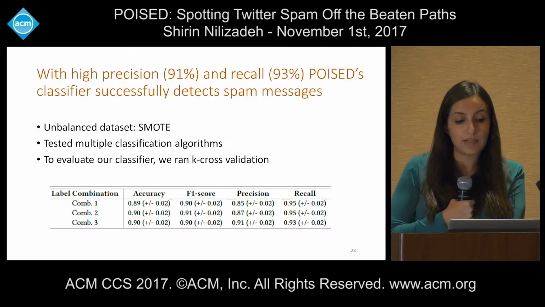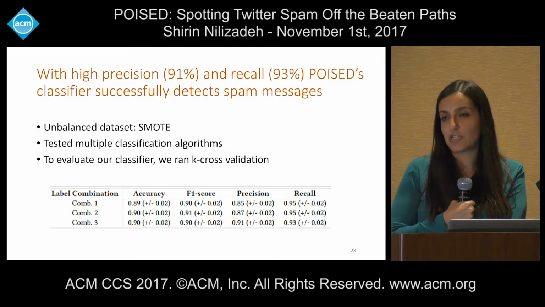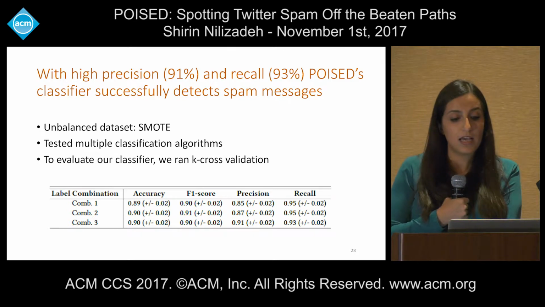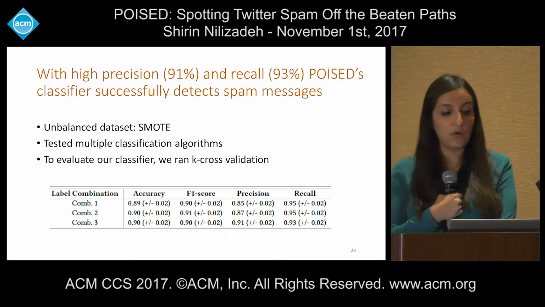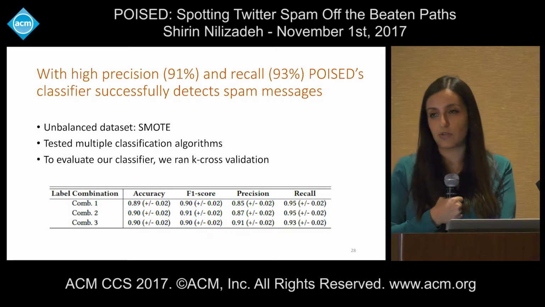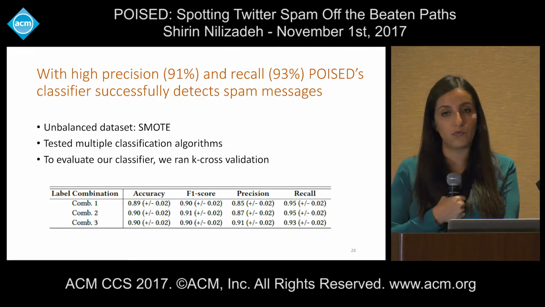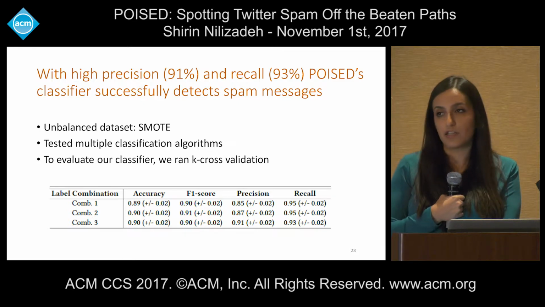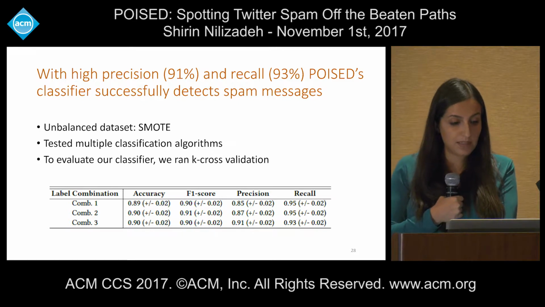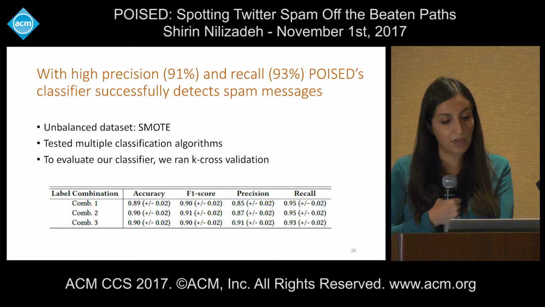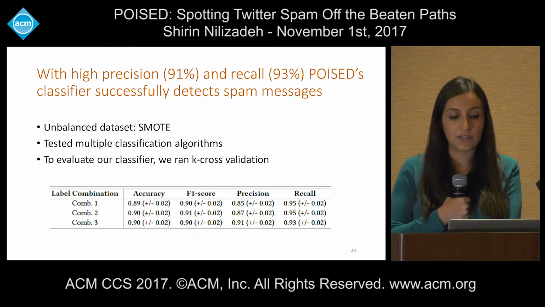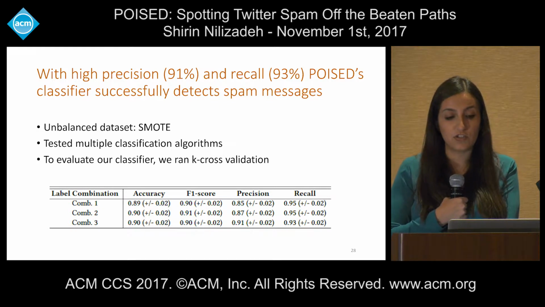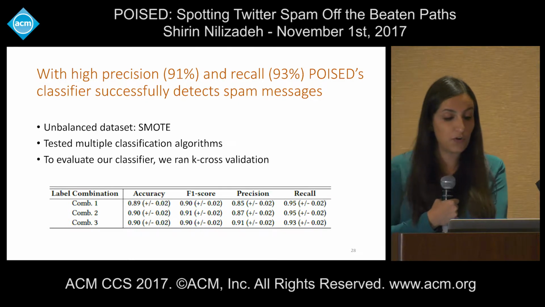And to evaluate, we ran K cross-validations with different values of K. And no matter what classification algorithm we are using, or the number of K, or what combination of classes we are using, it shows a great performance. For example, we have 91% precision and 93% recall for combination 3.